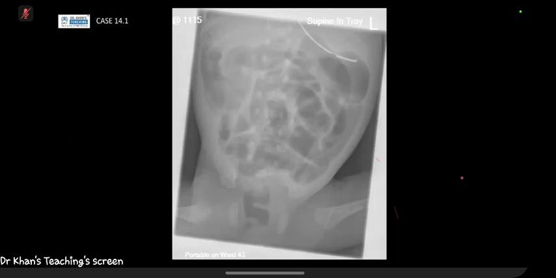Okay, yes. I have a frontal radiograph of an immature infant. I see there is a nasogastric tube passing to the gastric region of the stomach. I see multiple dilated bowel loops in the center of the abdomen. In the right hypochondrium, I see there is some mottling of the bowel loop at the wall.